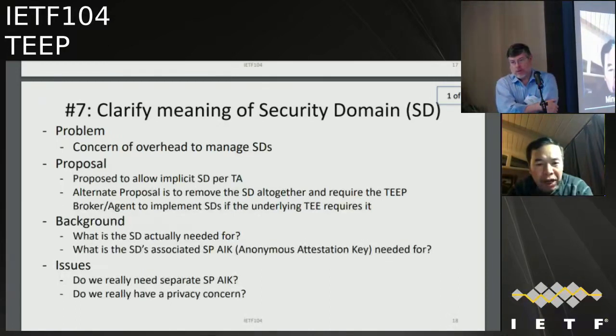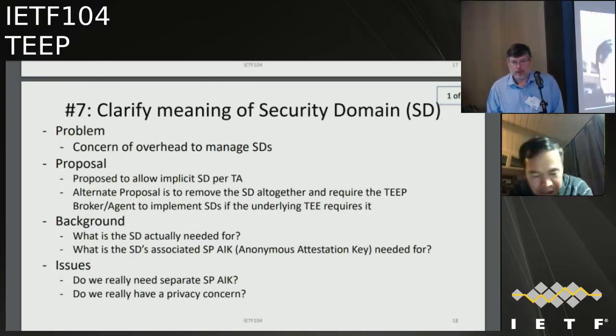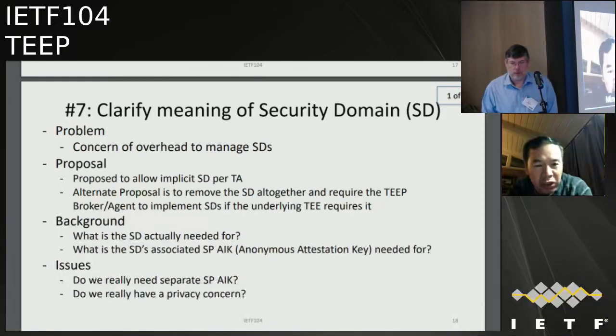I don't need to go over the background. The proposal now, the first proposal last time, was to allow just an implicit security domain. It does not always need to be explicit. Currently, it is explicit. We'll make it implicit. That means one security domain can be created silently when a TA is installed, so that we can install a TA directly without installing a security domain.